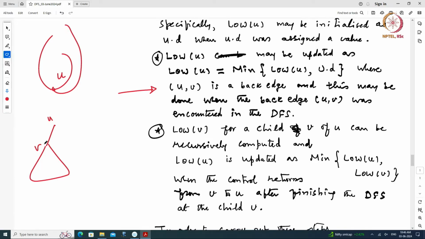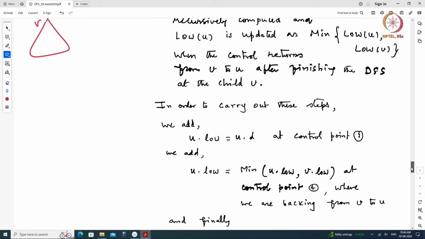Therefore, low v, when you recursively compute it, gives the vertex that can be reached from v or its descendants. Okay.